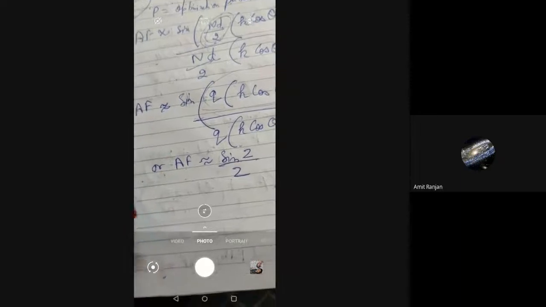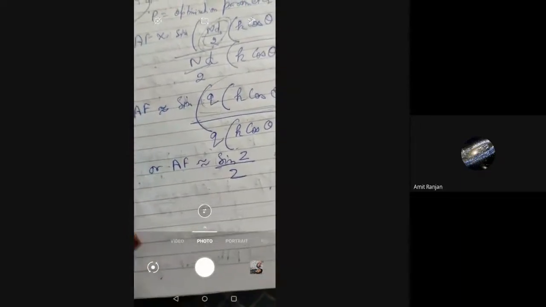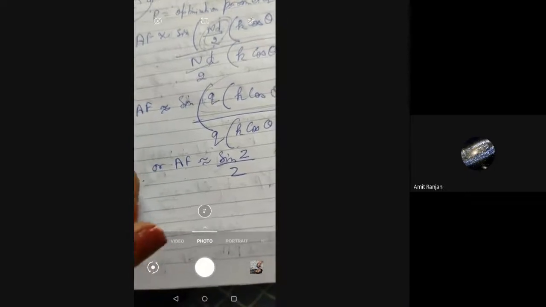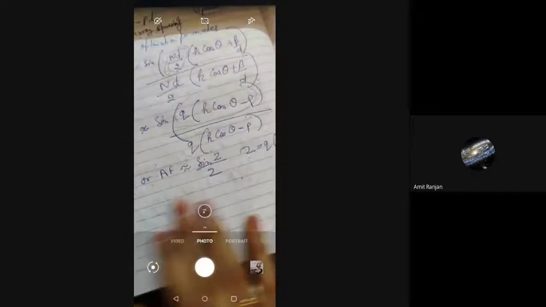In both the broadside array and the end fire array we get main lobes. In the broadside array the main lobe is bidirectional, whereas in the end fire array the main lobe is unidirectional, in the direction of the array axis. This is what we derived yesterday.